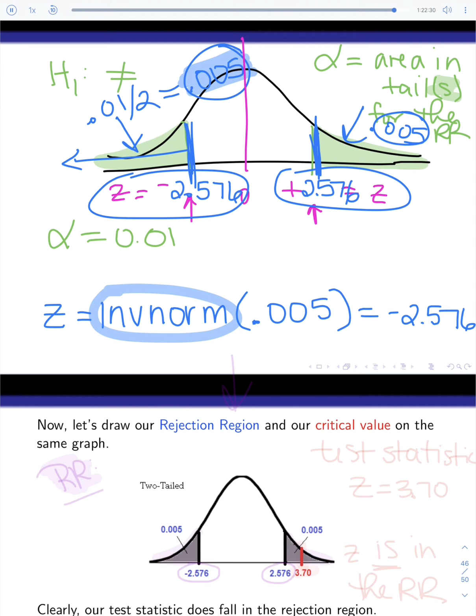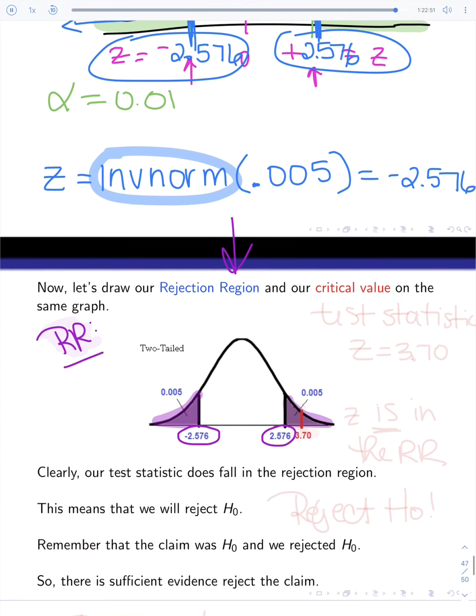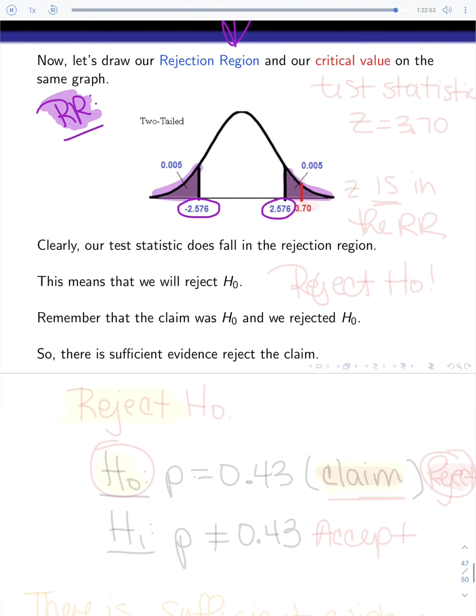So just to clarify what our picture looks like for our rejection region, we have our negative 2.576 on one end and the positive 2.576 on the other end. So anything that falls in the two shaded regions is what's considered our rejection region, and it would get rejected if it falls in that region. Well, what are we worried about falling in this region?